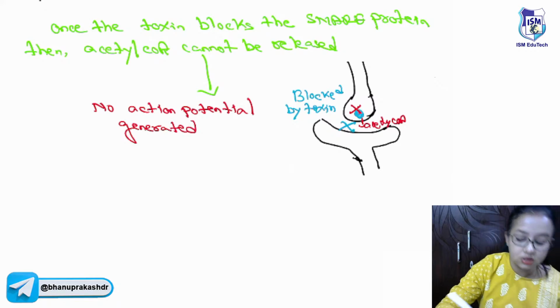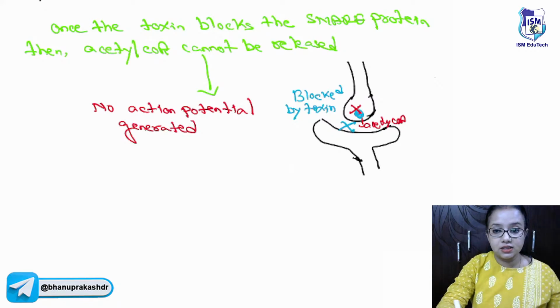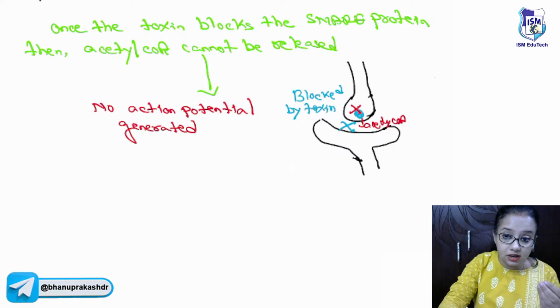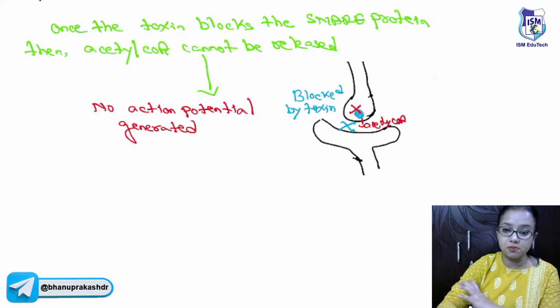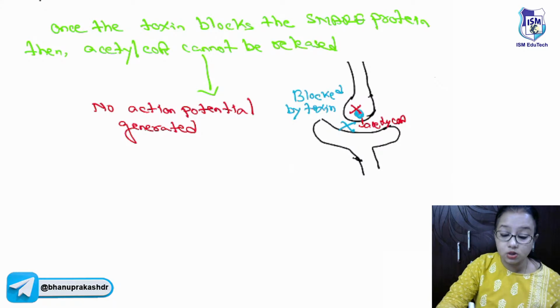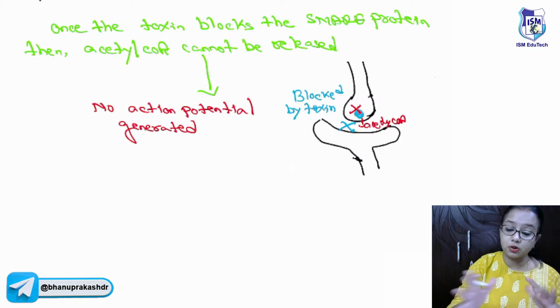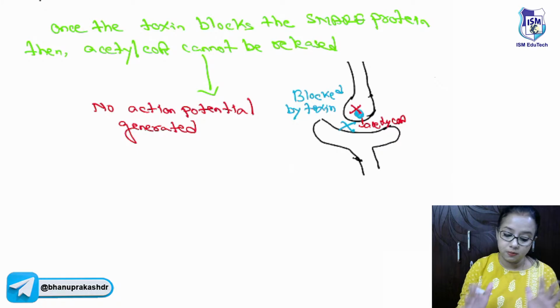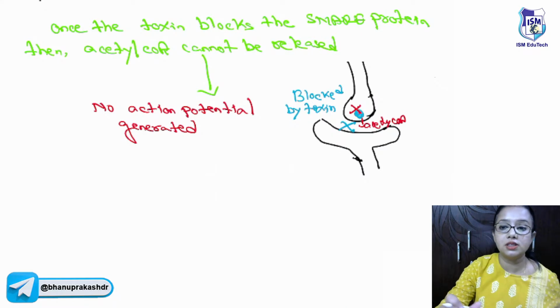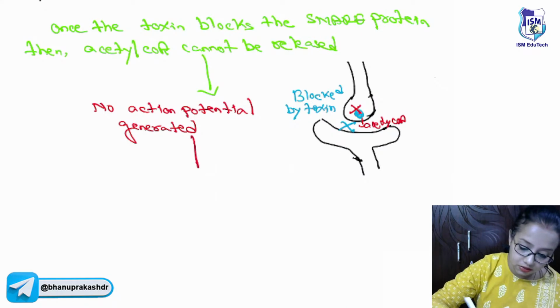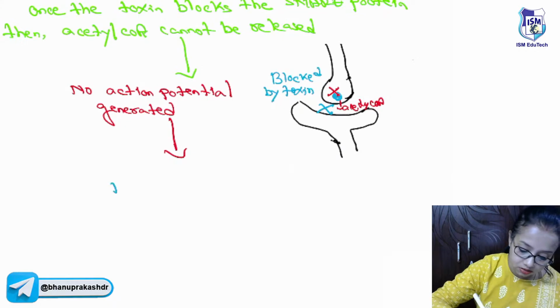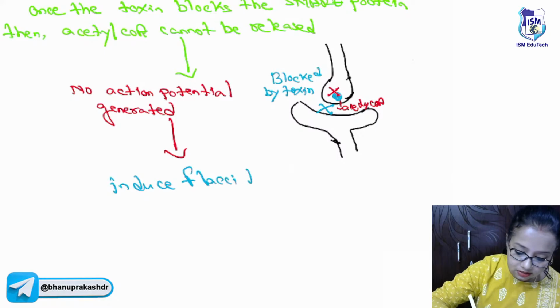Not only will there be no action potential generated, in the neuromuscular junction there is also certain acetyl CoA that always stays, which keeps our skeletal muscle tight. So if the SNARE protein is blocked, the whole process of release of acetyl CoA cannot happen, as a result of which there will be loss of tightness in the skeletal muscle, which will induce flaccid paralysis.